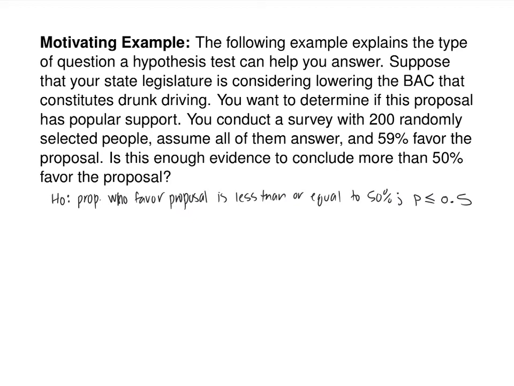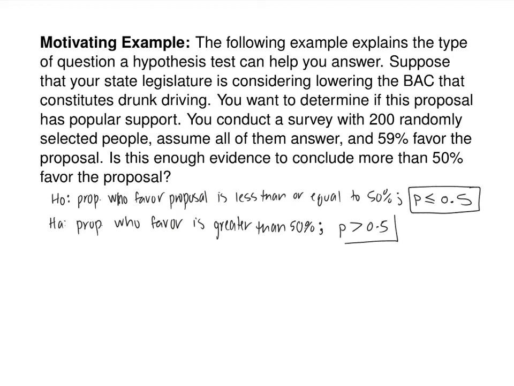And HA is that the proportion who favor this is greater than 50%, or p is bigger than 0.5. And with these hypotheses, the 'or equal to' always goes with the null hypothesis.